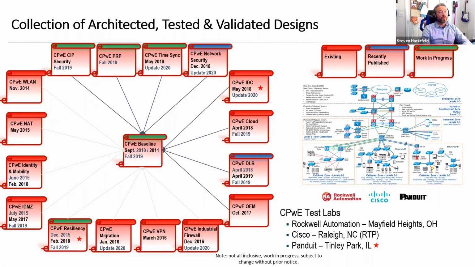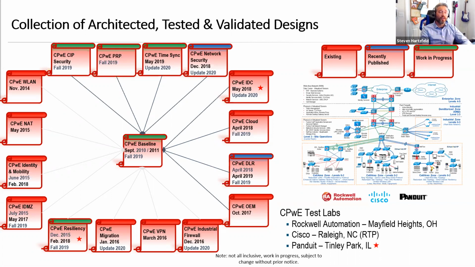So where to find some of this collateral? This is simply a high-level visualization of the collection of architected, tested, and validated designs from CPwE. It isn't just one thing, right? We're constantly working to develop more content that can be used for exactly what we've been talking about, effectively leveraging all the technologies that are out there to enable agility, to optimize yield, and to mitigate risk.